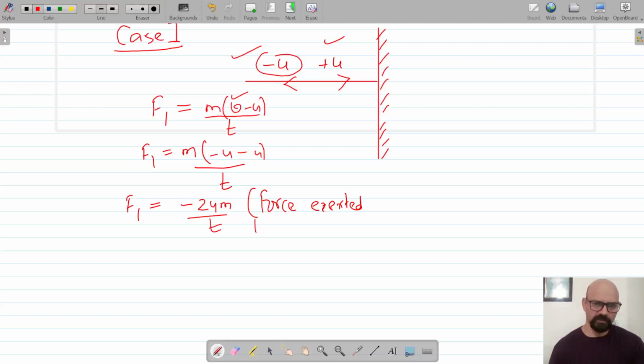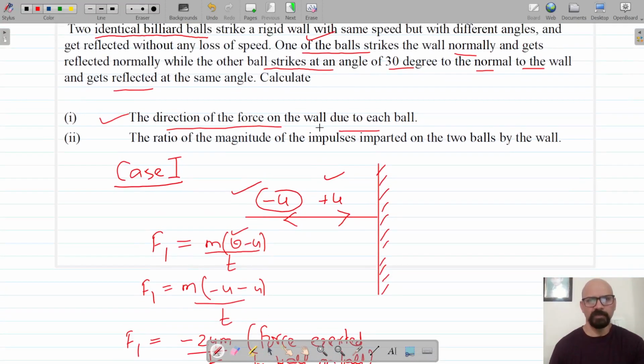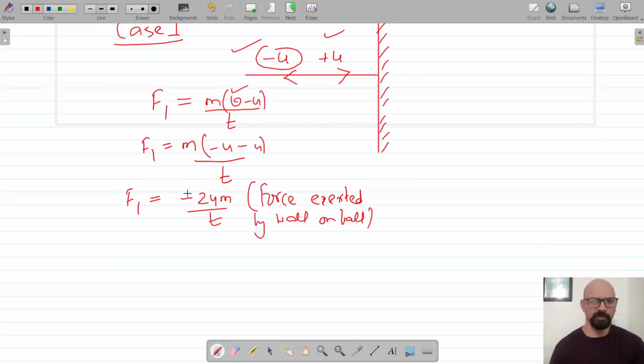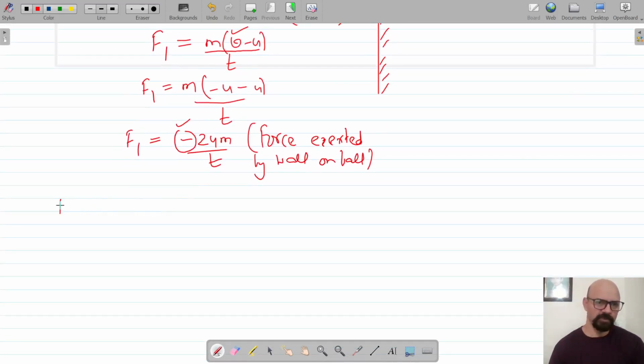So this is a force exerted by the wall on the ball. But it's given that we have to find the force on the wall due to each ball. Here there is a negative sign, so this means the force on the wall is in the opposite direction. The force exerted on the wall is along the positive x direction.